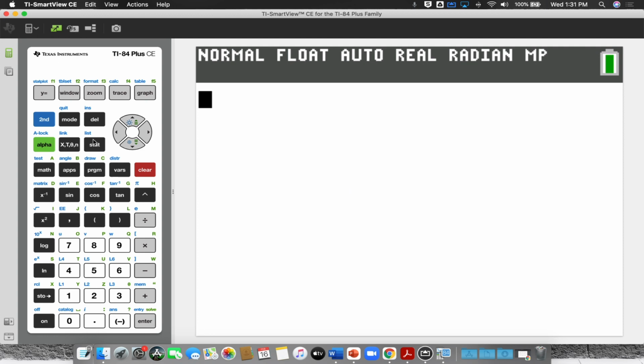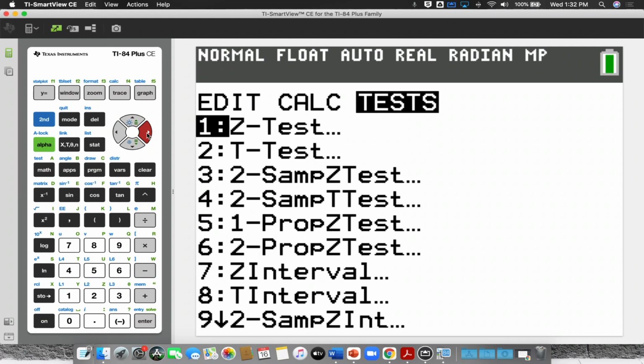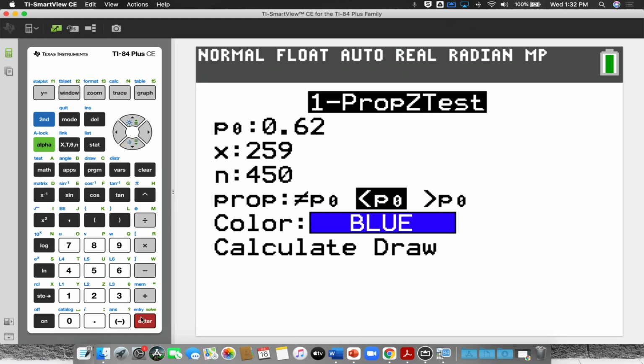So if we want to do a test or a confidence interval, we go to stat, tests, and then find the one that we want. We want to test. I think we said number 5 was the best one yesterday for this one: one proportion z-test. So we need to put in the claim. Their claim was 0.55.